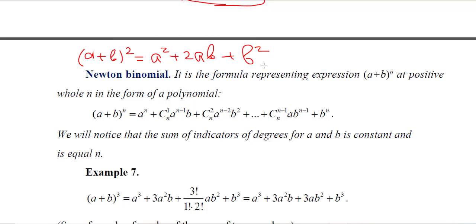And now here we will start a more complete case, Newton binomial. It is a formula representing the expression a plus b to the n's power, for positive whole n, in the form of a polynomial.